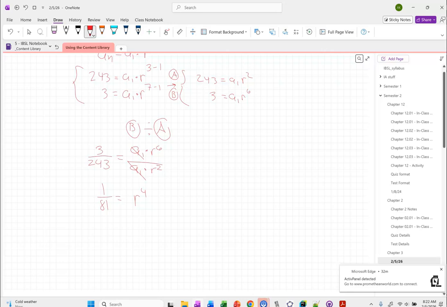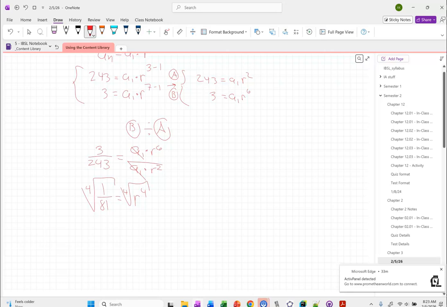Okay. How do I solve for r here? How do I cancel out that exponent of 4? Yeah, it's called a fourth root. So you put the little 4 in that check mark. That's called the index.